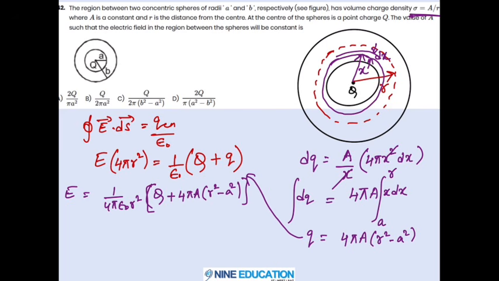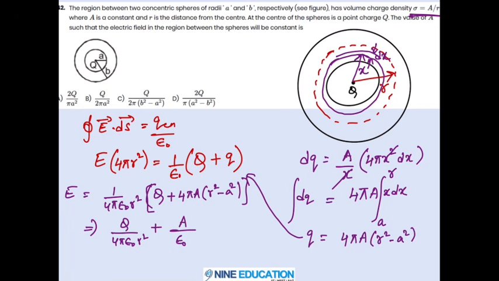Now multiply this inside, you will get Q by 4 pi epsilon naught R square plus 4 pi cancel, R square also cancel. So you will get A divided by epsilon naught, if I am not wrong.